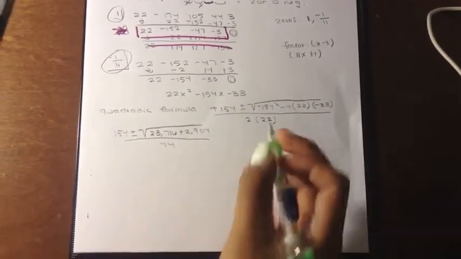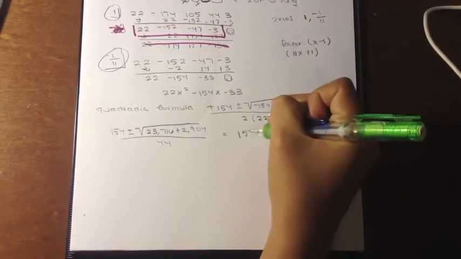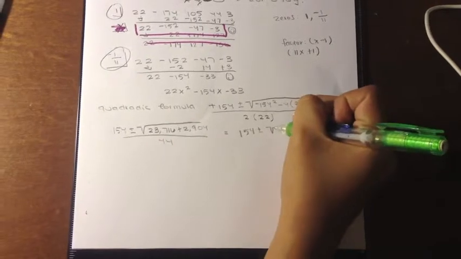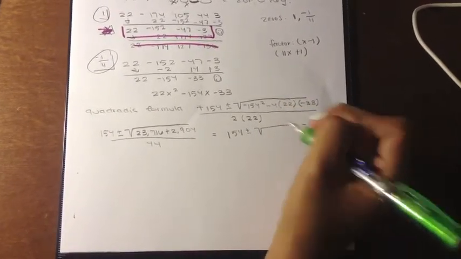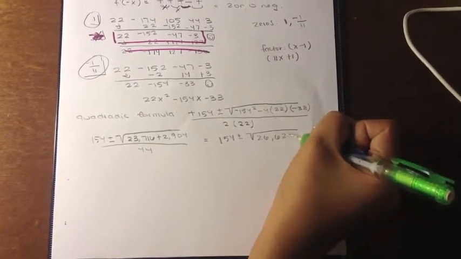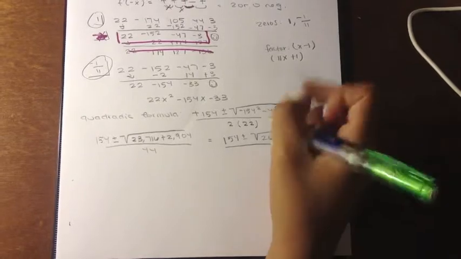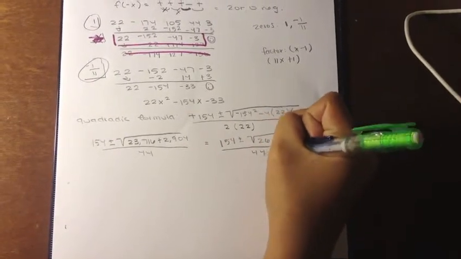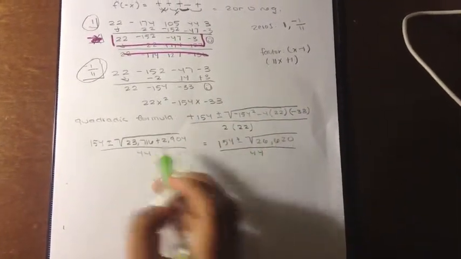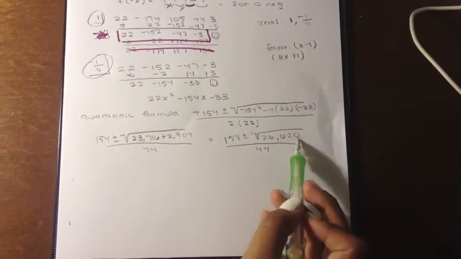These two add up to, we can write it all over again: 154 plus or minus radical that, all over 44. So I got that number by adding those two. Then we're going to have to break this down.